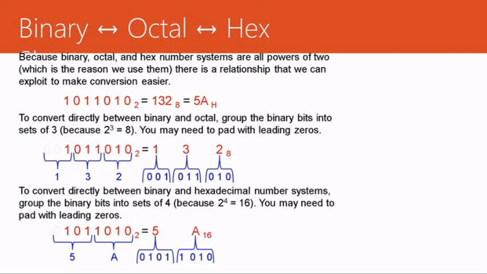Actually, 10 is equivalent to A. So we have here A. And we know that 0, 1, 0, 1, if we're going to convert it to decimal, that is 5. So 5A base 16. So again, 0, 1, 0, 1, 1, 0, 1, 0 is equal to 5A base 16.